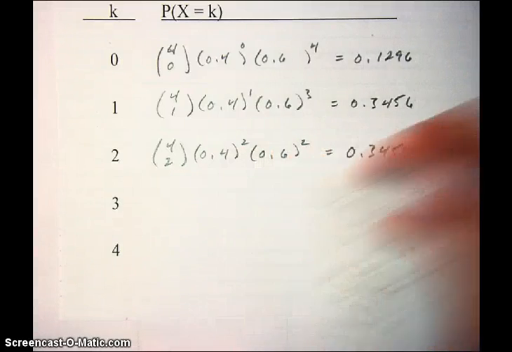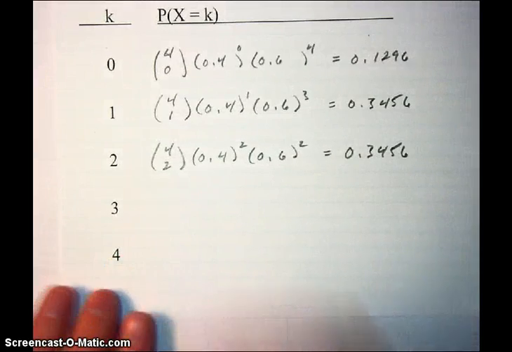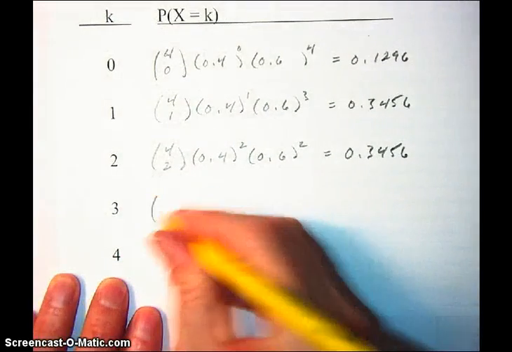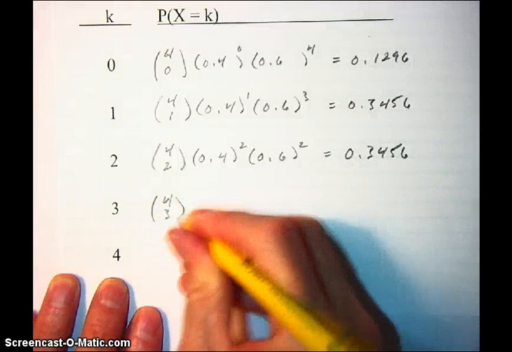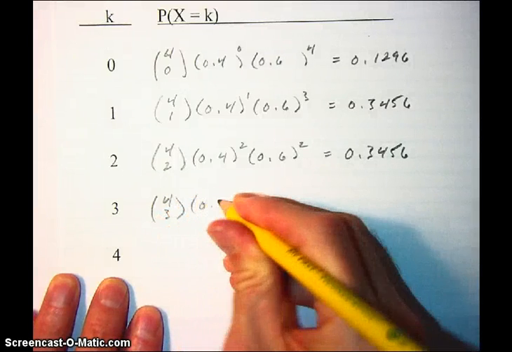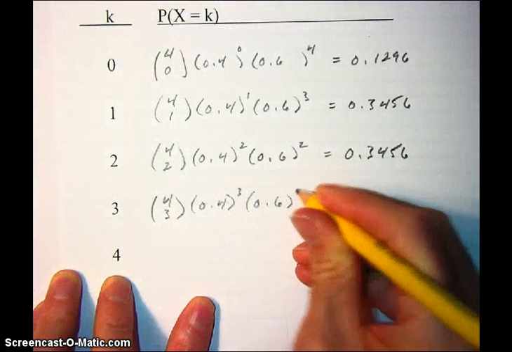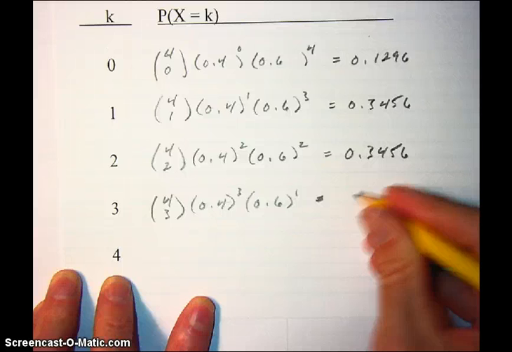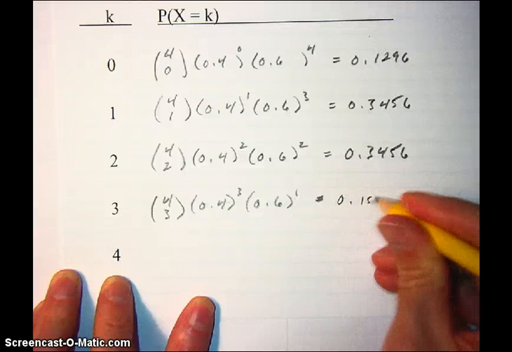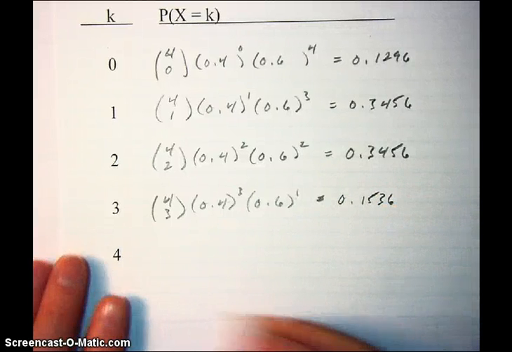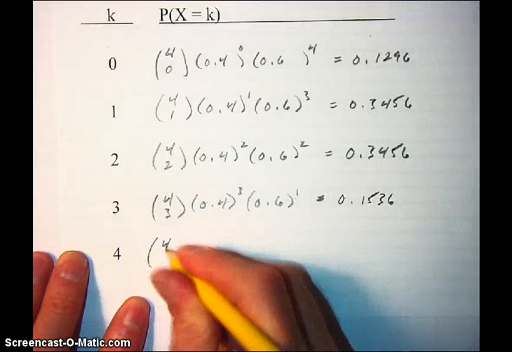Okay, we're back. The probability of getting 3 successes in 4 trials will be 4 choose 3 times 0.4 to the 3rd power times 0.6 to the 1st power. That is 0.1536. And then the probability of getting 4 successes will be 4 choose 4.